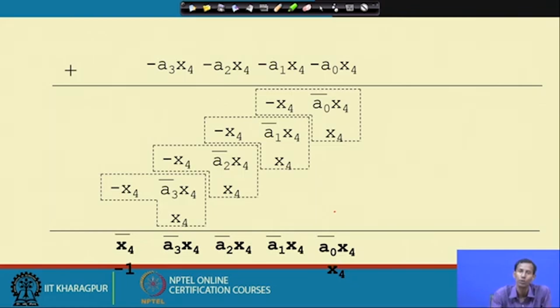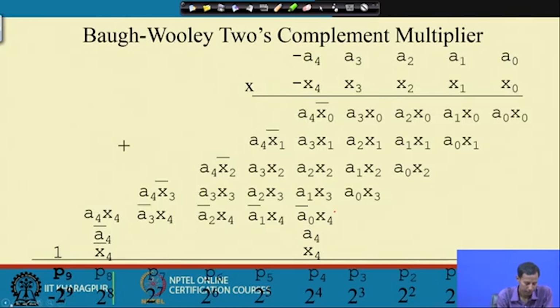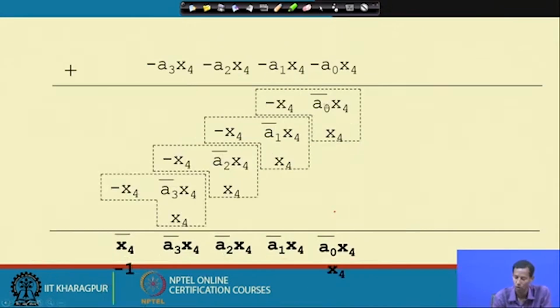Here x4 is common and A values are changing. So, that is why this x4 is coming over here: minus x4, A0 bar x4, x4.